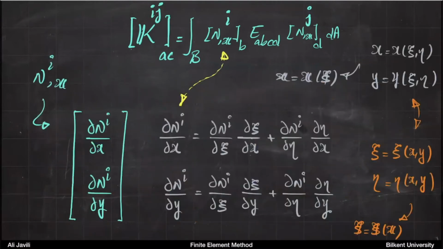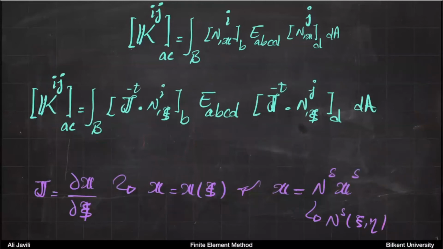All right. So now that we have that, we need to take care of these derivatives with respect to x, which is the physical coordinate. And in order to do that, you use the famous chain rule. So you would say derivative with respect to x is derivative with respect to xi, derivative of xi with respect to x, and then derivative with respect to eta, derivative of eta with respect to x.